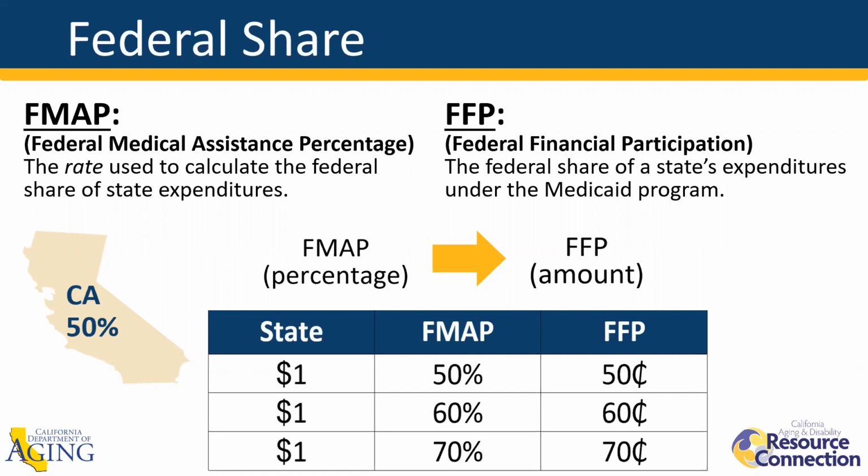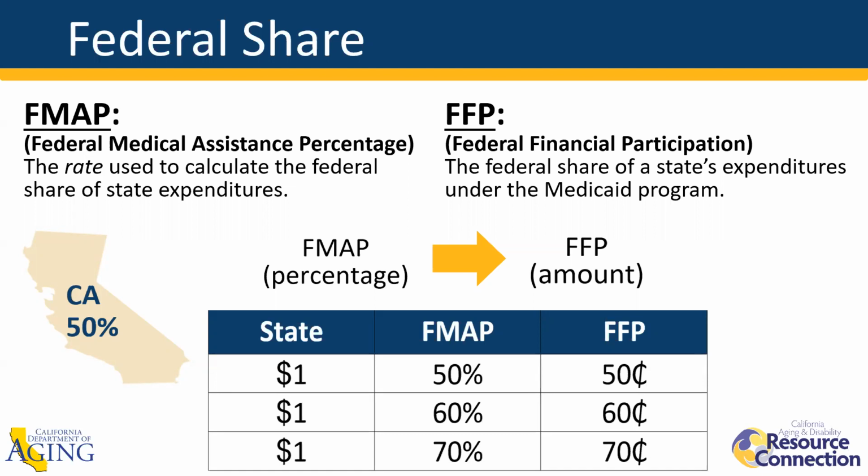When we talk about Medicaid financing, and specifically the federal share, you're always going to hear two terms, FMAP and FFP. FFP stands for Federal Financial Participation. It's just the actual federal government's share, so it's a dollar amount. And FMAP stands for Federal Medical Assistance Percentage.